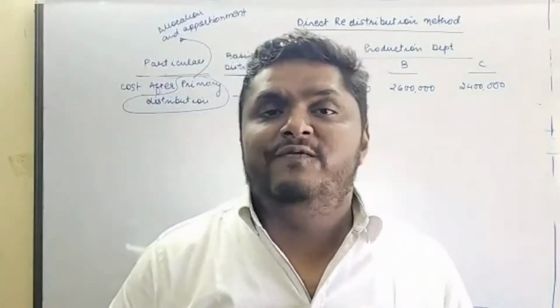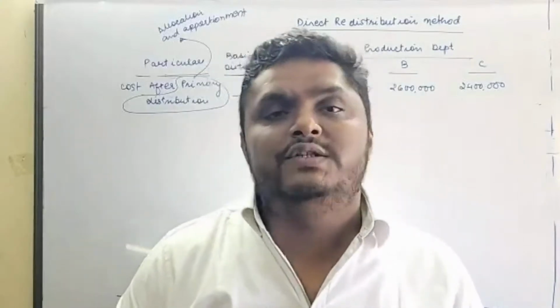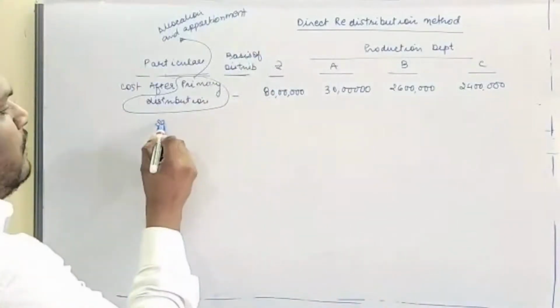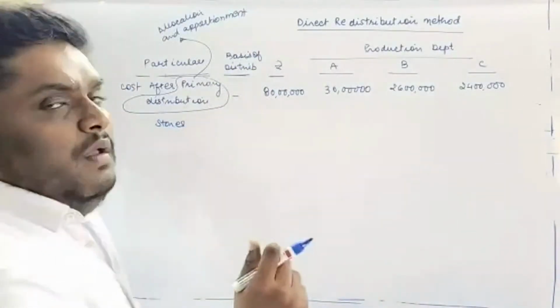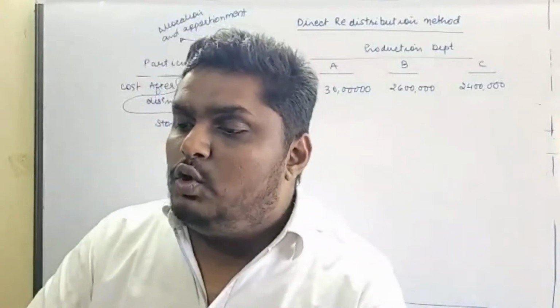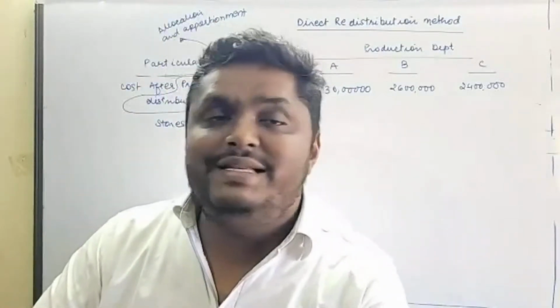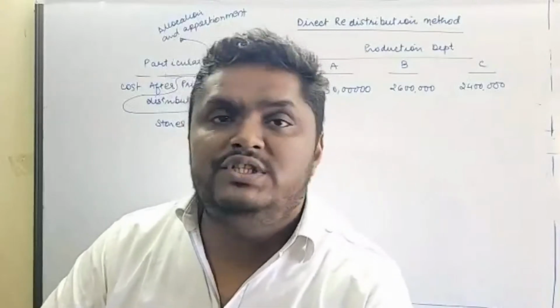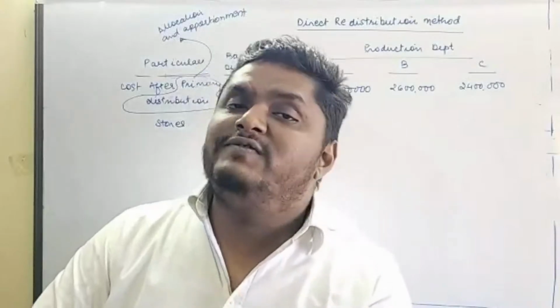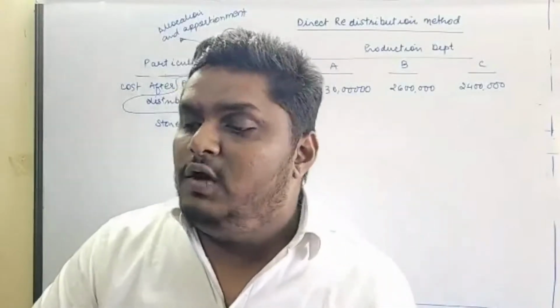Now let's proceed further with the reapportionment of overheads of the service departments. The first service department is stores. Now in this question, stores are more or less related to the value of stores requisition. So what should be the basis of distribution of overheads of the stores department? Very simple, value of stores requisition.